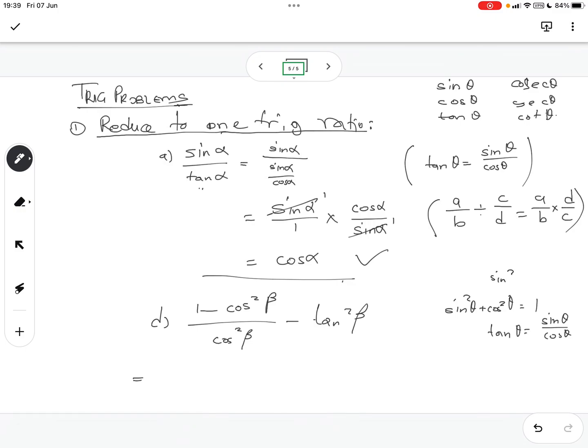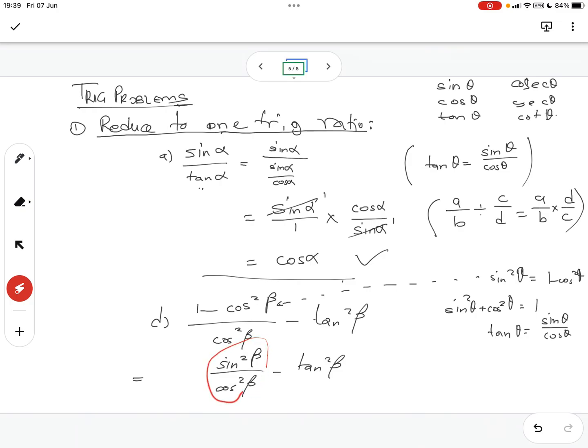So here, if we make sine squared the subject of the formula, then we have sine squared theta equals 1 minus cos squared theta. And that closely resembles something like that. So we'll have sine squared beta over cos squared beta minus tan squared beta.